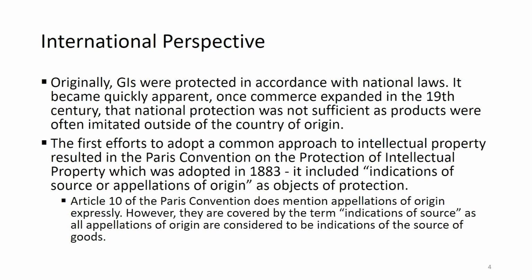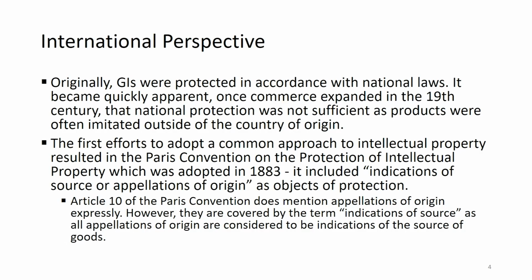So, people started thinking about a multilateral platform for protection of geographical indications. The first effort to develop such a multilateral platform was the Paris Convention of 1883.